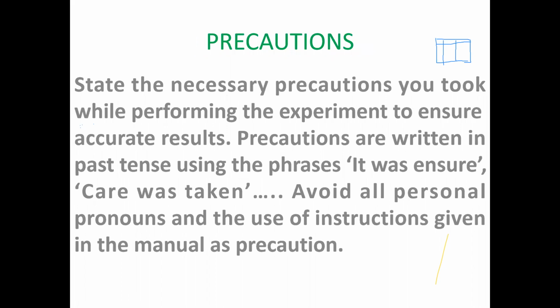Now, when performing any experiment, you must always write your precaution before your conclusion. They say state the necessary precaution you took while performing the experiment to ensure accurate results.